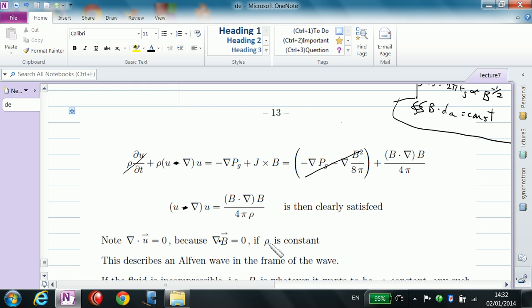But this is always right if rho is constant. What? I didn't understand what you said. Oh yeah, you're right. If rho is constant, then it's always the case that this is equal to 0.